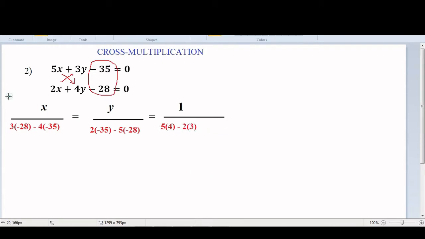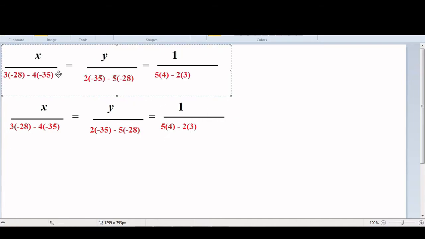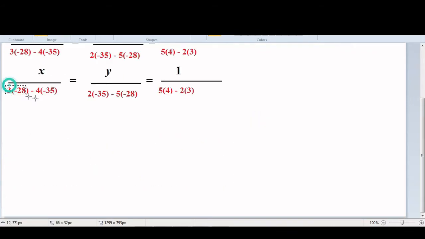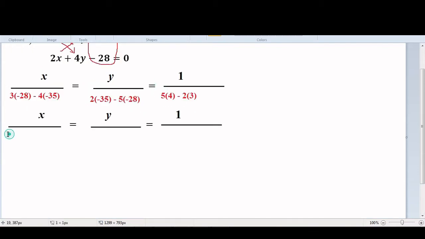Now just solve the denominators like the previous one. Here 3 will be multiplied with minus 28, so its value would be minus 84. Then 4 will be multiplied with minus 35, its value will be minus 140.